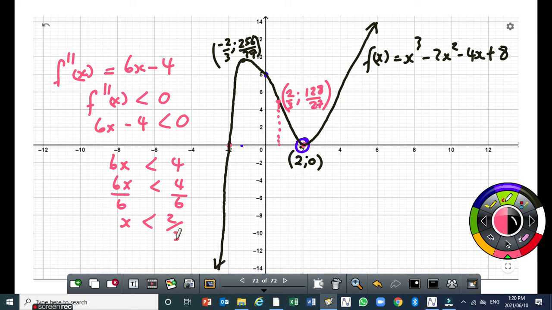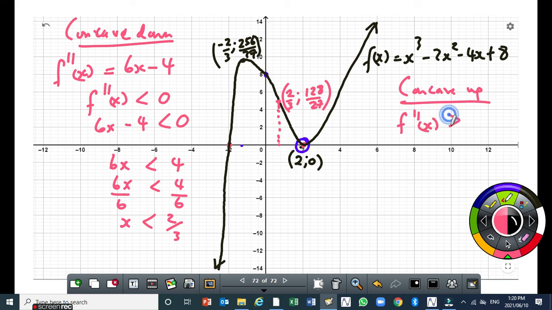So to the right, the graph will be concave up. Here it's concave down, right? To the right of the point of inflection, it's concave up. So your second derivative must be greater than 0, which means 6x minus 4 is greater than 0.